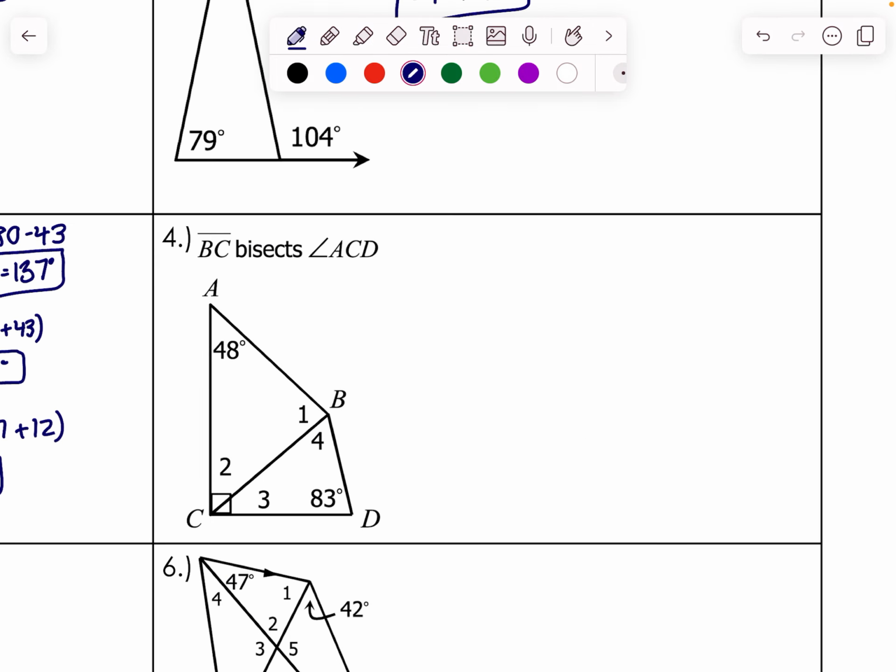If we look at number 4, it says BC bisects angle ACD. That was one of our vocab words last unit. The word bisects means cut in half. So if I'm cutting angle ACD in half, that's cutting a right angle in half, which means both of those are going to be 45.